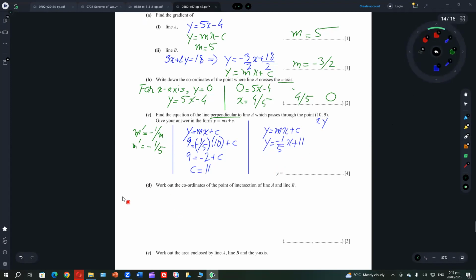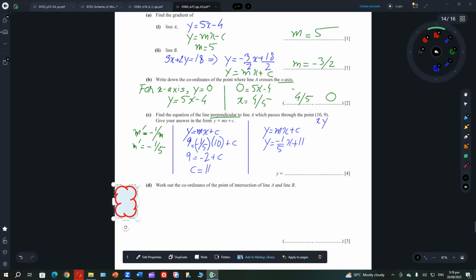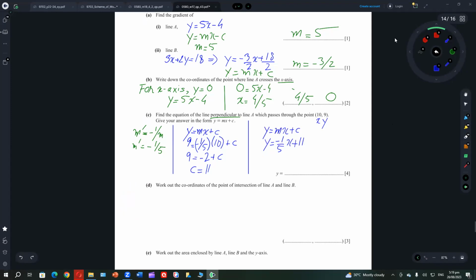How do I find the point of intersection? We find it by simultaneous solution of equations.